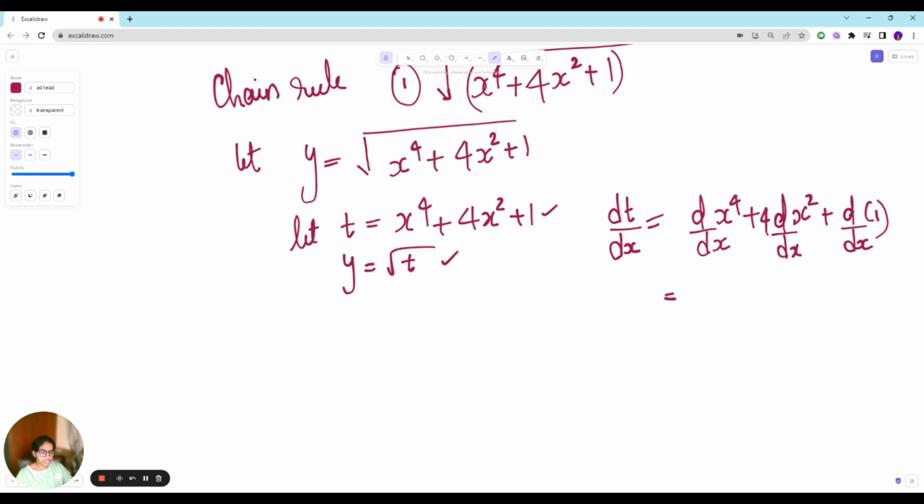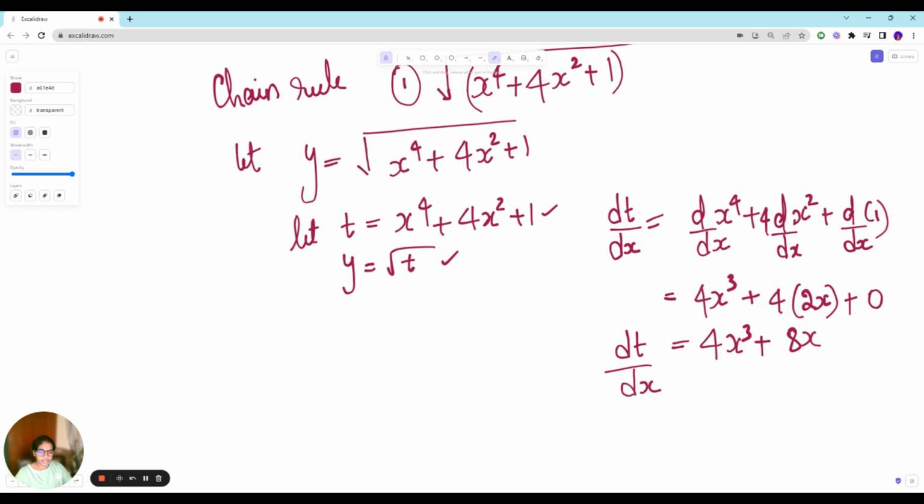What is the derivative of x to the power 4? It is 4x cube plus 4 into, what is the derivative of x square? That is 2x, plus derivative of a constant is 0. Now what do we have? We have 4x cube plus 8x. What is this? This is our dt divided by dx.